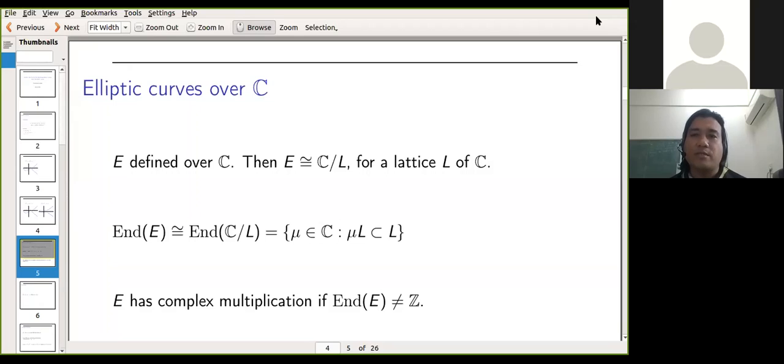Okay, so in some sense, a field where E has a, so to say, a model, a Weierstrass model.